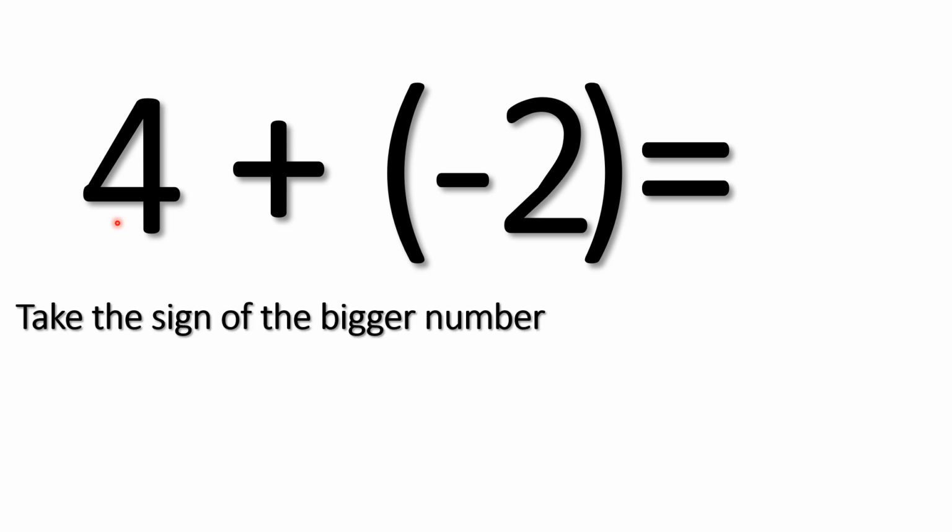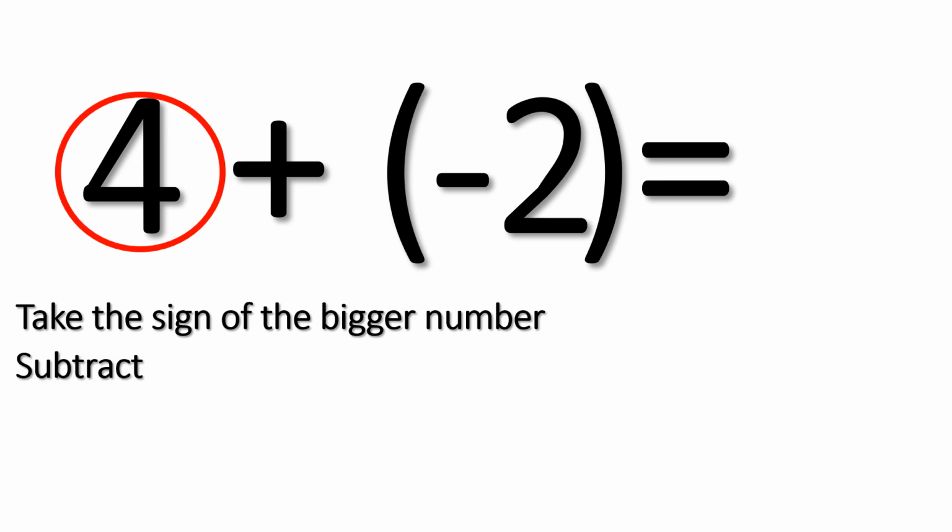So, take the sign of the bigger number. It's the 4. My answer is going to be positive because 4 by itself is the same as +4. My answer is going to be positive as we said. Then we subtract. 4 minus 2 is 2. My answer is +2. So you take the sign of the bigger number and you subtract.